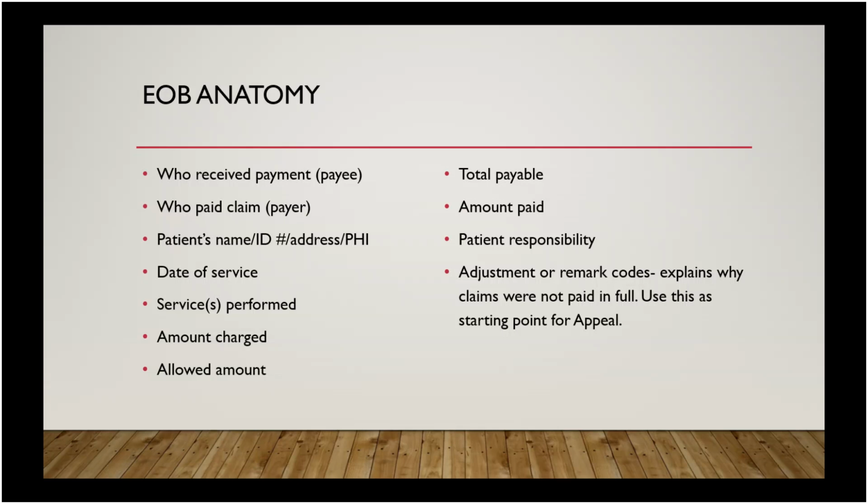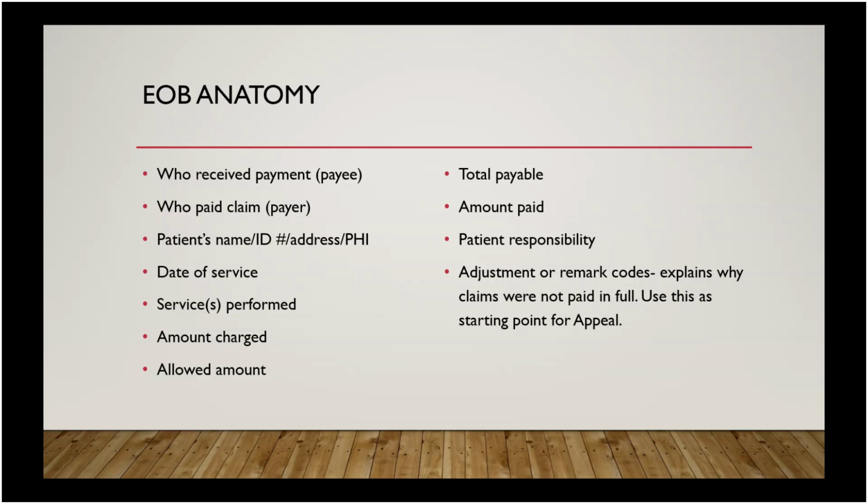Who paid the claim? The payer. The patient's name, ID, and address. Date of service, the services performed, the amount charged, the amount allowed, the total payable, the amount paid, the patient's responsibility, and any adjustment or remark codes to explain why the claims weren't paid in full.